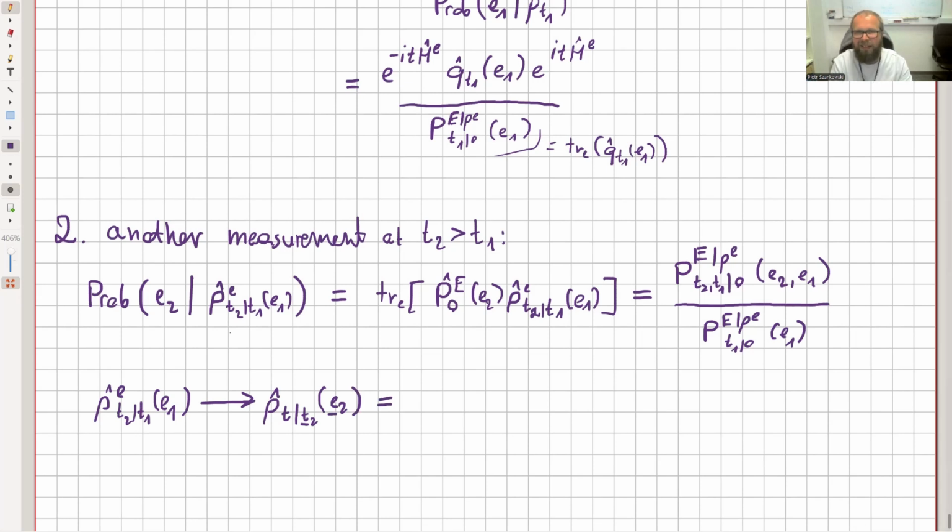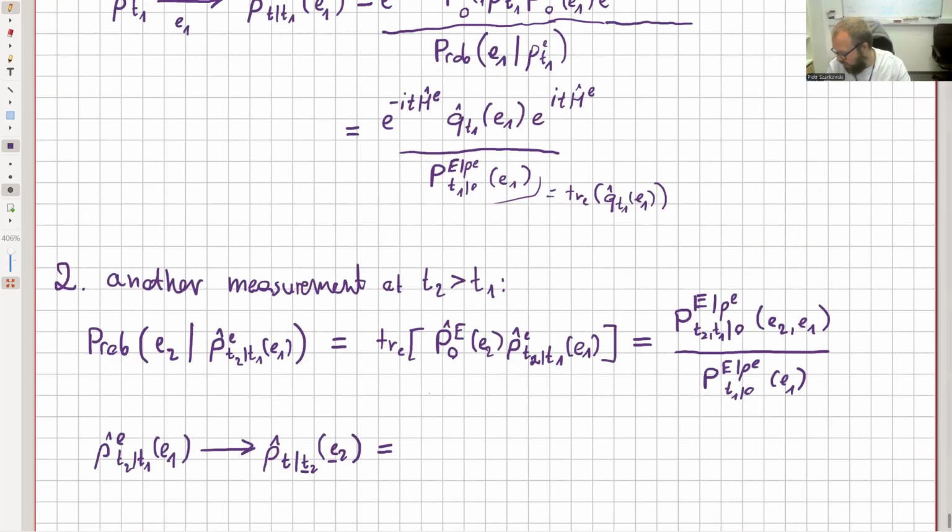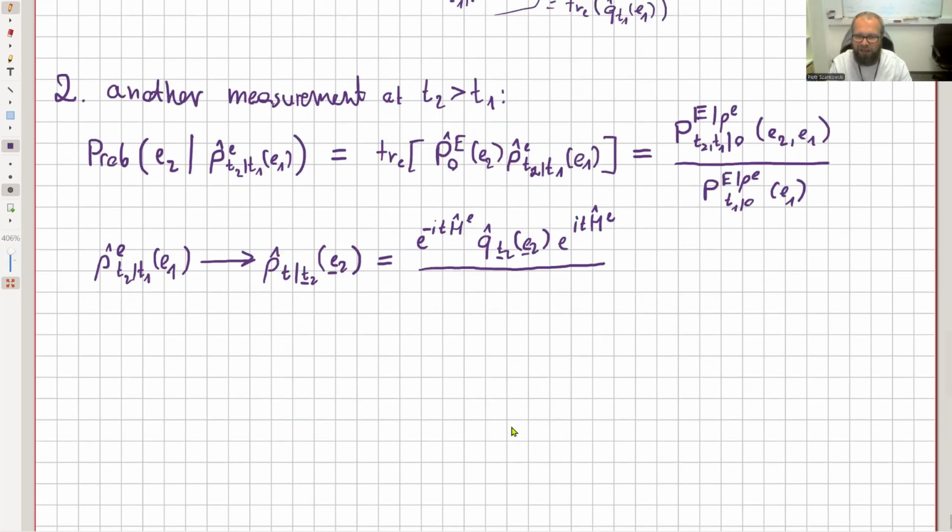And this guy, if you just iterate the collapse rule here, you won't be surprised that you will find that it's EI T H E Q T2 E2 divided by trace of Q T2 E2. So this is a collapse.